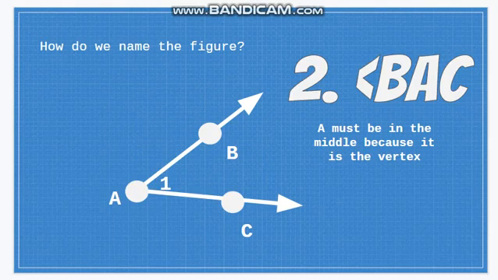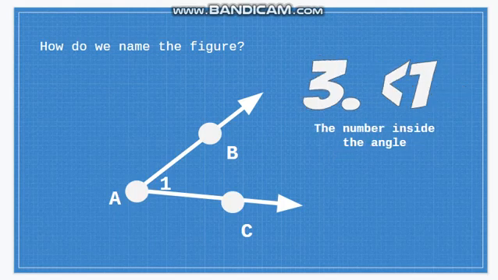We have to have 3 points with the vertex in the middle so we know where we're starting and where we're ending, so we can specify an individual angle in the figure. So we can use 3 points as long as the vertex is in the middle. And that handy little 1 that you dropped between the rays, that is the 3rd way that we can name this. If there's a number inside the angle, we can just call that angle 1.